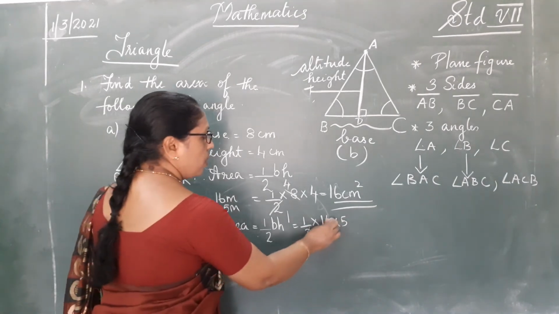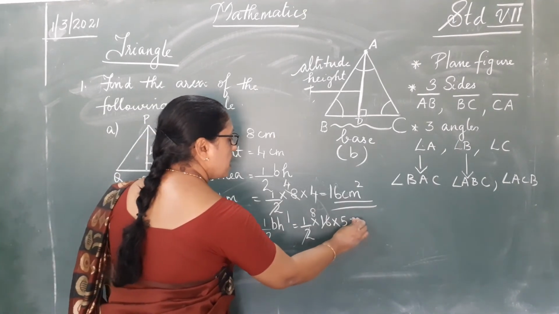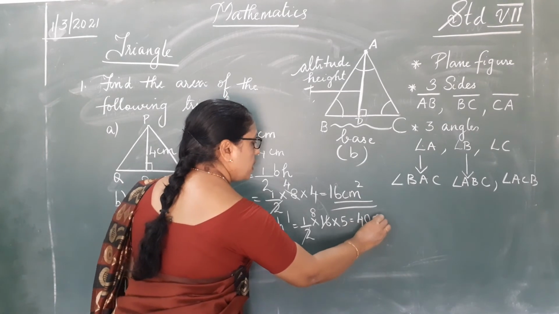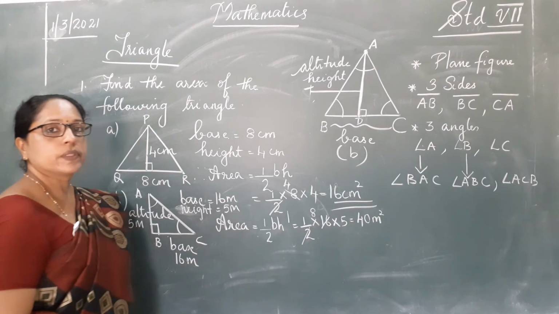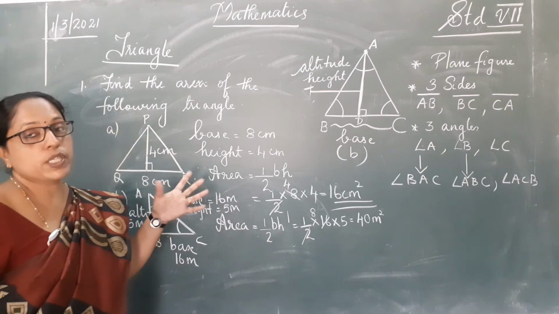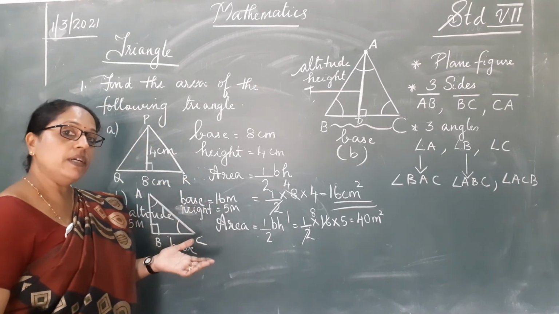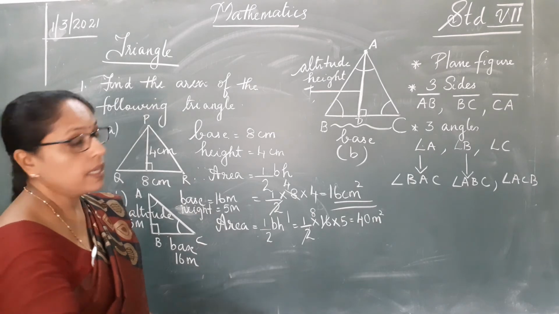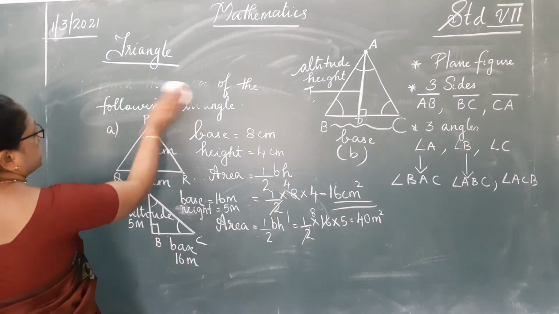So 2 eights are 16, and 8 fives are 40 meters square. This is the way we solve the area of a triangle. Now another question.